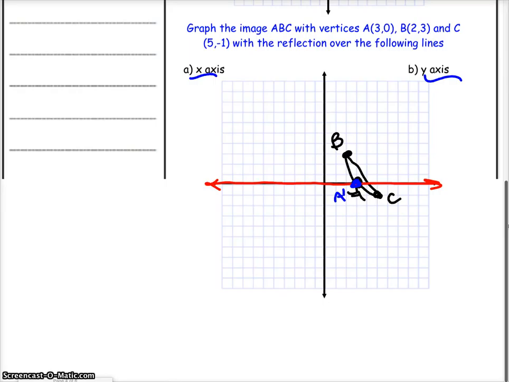How far away is B? 1, 2, 3. B prime is going to be 3 away. How far away is C? 1. Look at me. C is 1 away, so C prime needs to be one away the opposite direction. So this is my new ugly triangle.